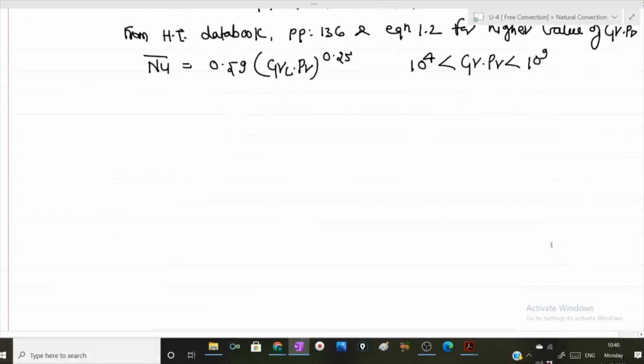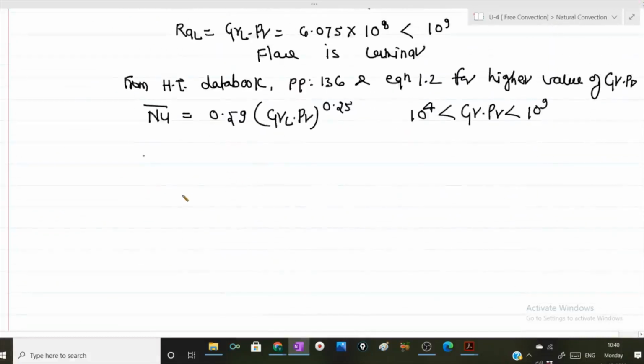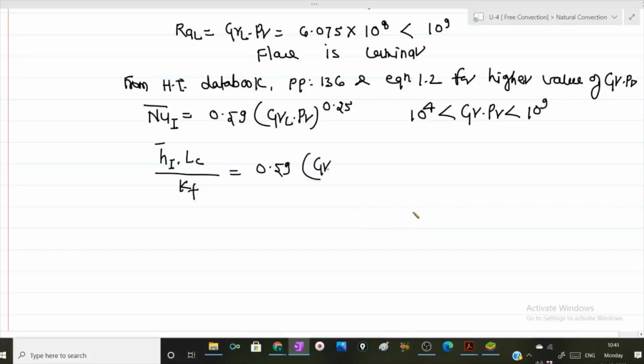So Nusselt number can also be written as h bar L by k. I am taking this Nusselt number for case 1, so this will be h bar 1. Lc is 0.6 meter. kf is equal to 0.59 (GrL Pr) to the power 0.25.